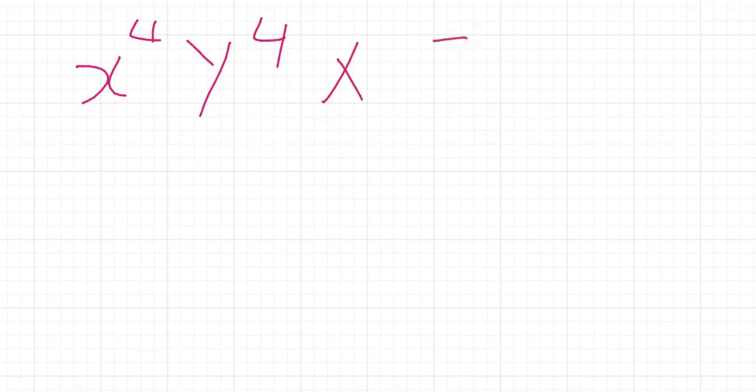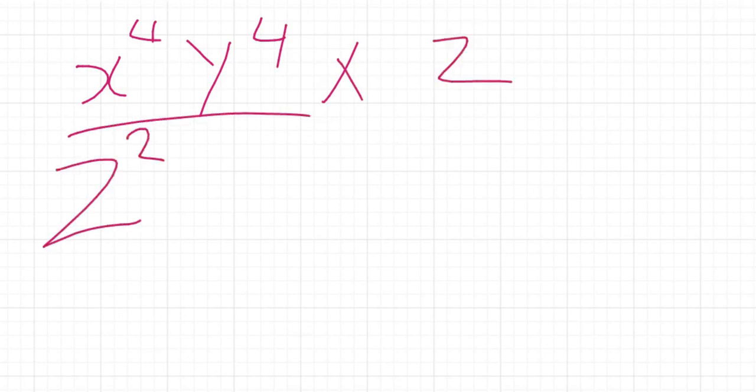Let's look at another one. What if we had x raised to the 4th power times y to the 4th times z divided by z to the 2nd power times, let's say, x raised to the 6th power times y.